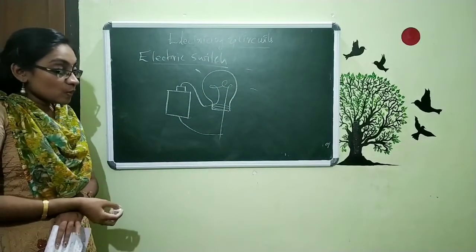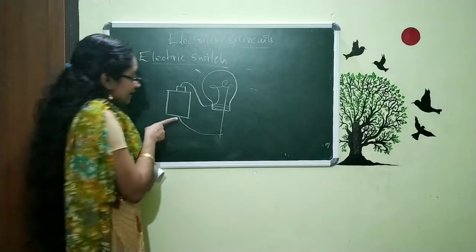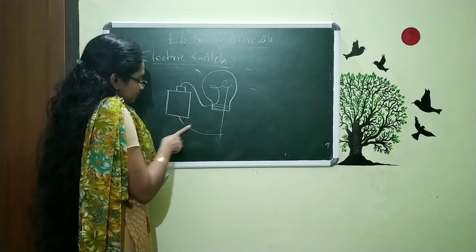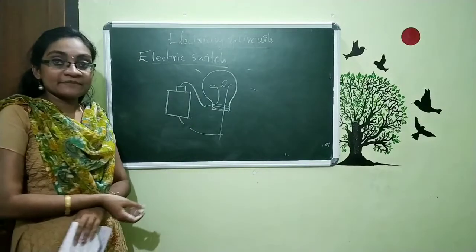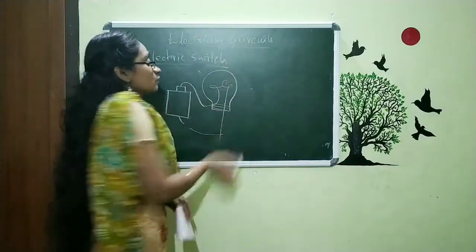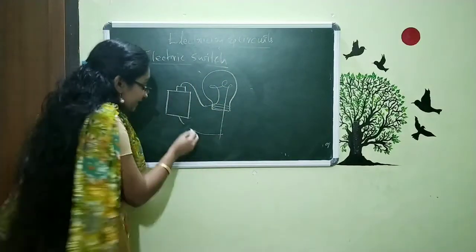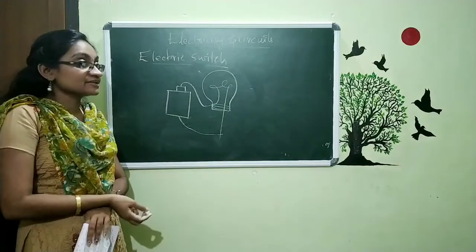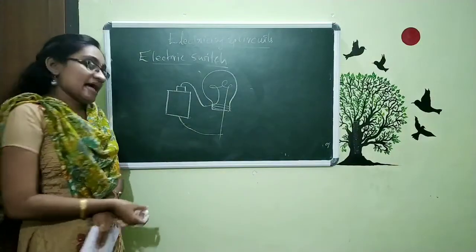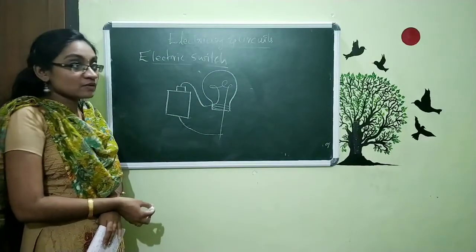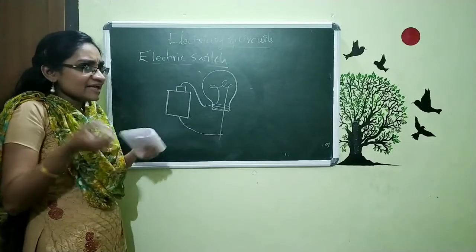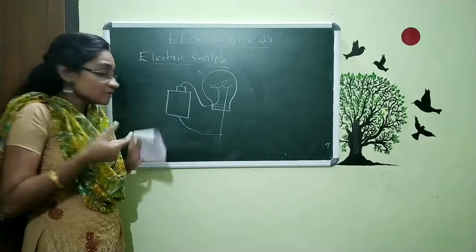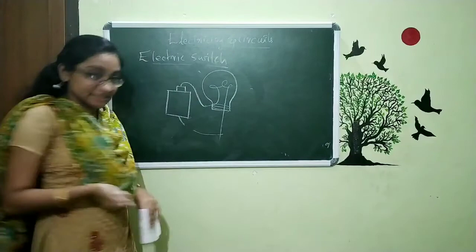When I am connecting this with the wires, now this bulb will glow. And when I am making a break here, what happens? This bulb will go off. When I am joining it back, it will again glow. Actually, the same thing is happening in our switch. We are making a setup to make a break here.